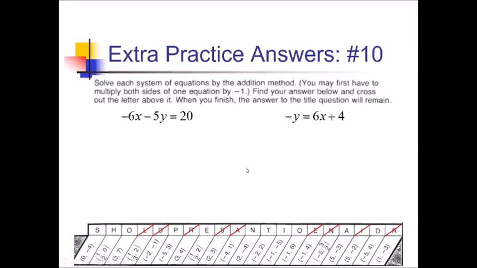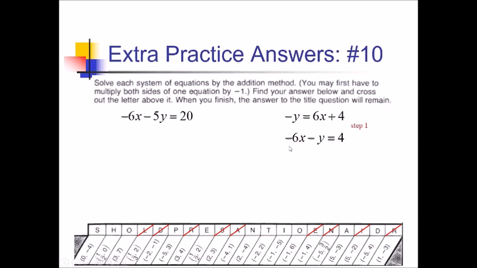Trying to solve this system of equations, I notice that my second equation is not in standard form. Let me subtract 6x from both sides to get all my variables on the left side. So now we have negative 6x minus y equals just 4. If I add these equations together now, I'm not canceling anything, but my negative 6x's are pretty close.